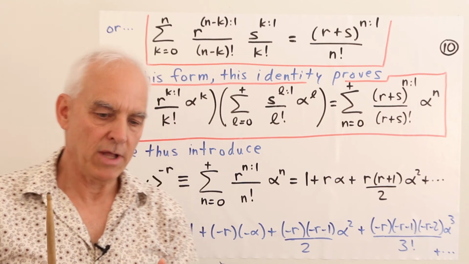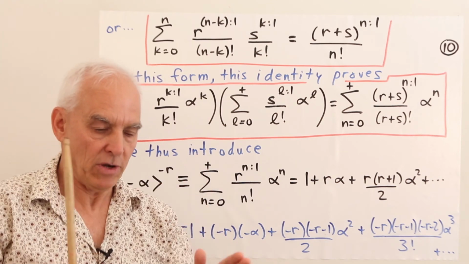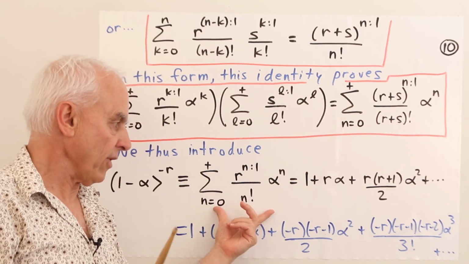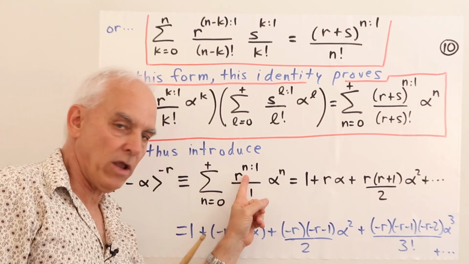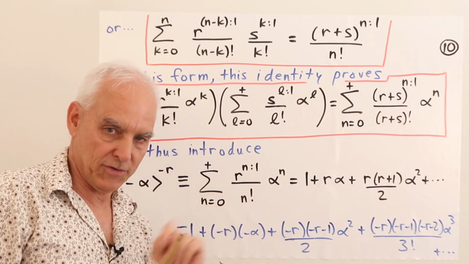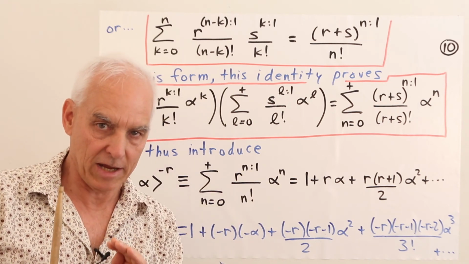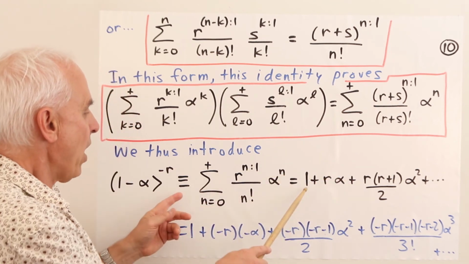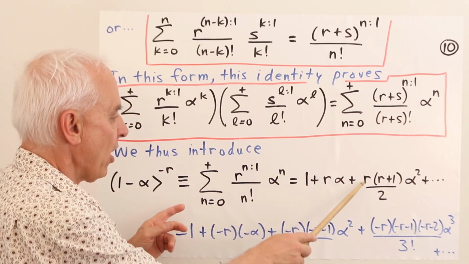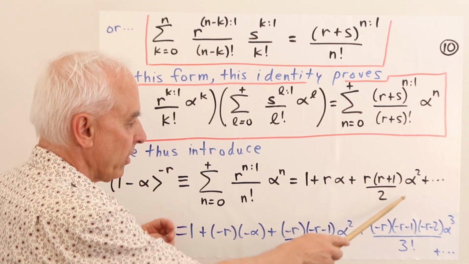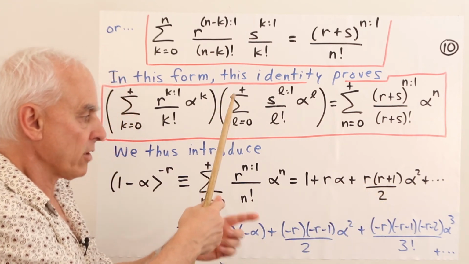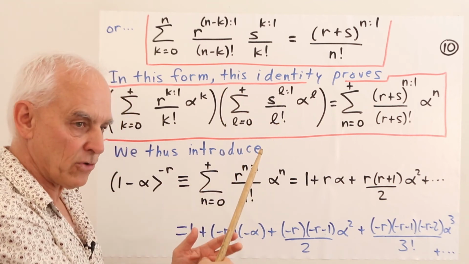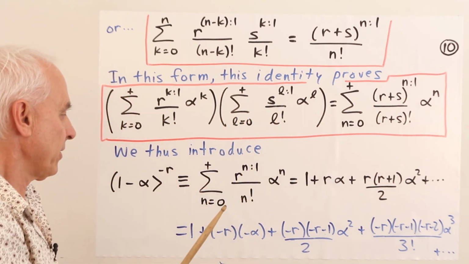Let me remind you that the Newton generalized binomial series looks a lot like this, except that there are falling powers of r in the numerator. Otherwise, it's exactly the same. Explicitly writing out a few terms, there's 1 plus r times alpha plus r times r plus 1 over 2 factorial alpha squared. The next one will be r times r plus 1 times r plus 2 all over 3 factorial times alpha cubed, etc.